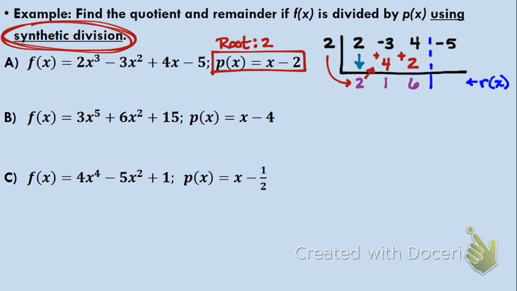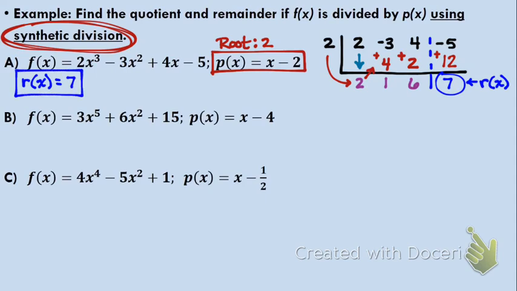What do I get after the last time that I multiply? Yep, I have 12, and then I add them together. You're right. My remainder is 7, so here's r of x. R of x is 7.